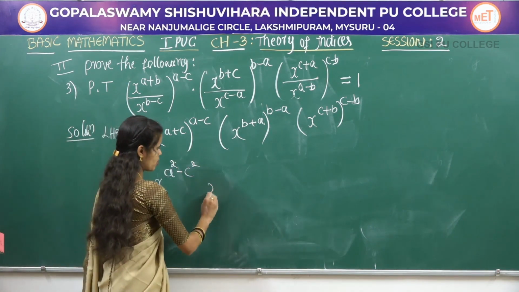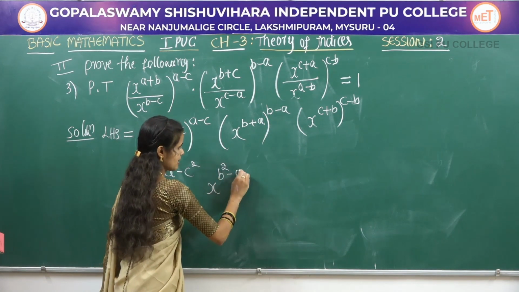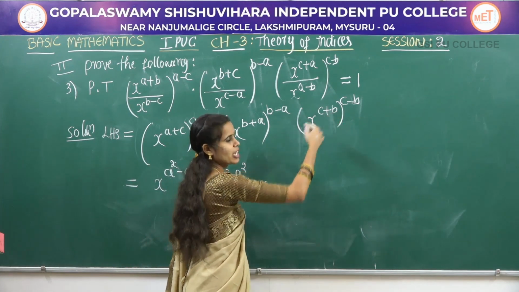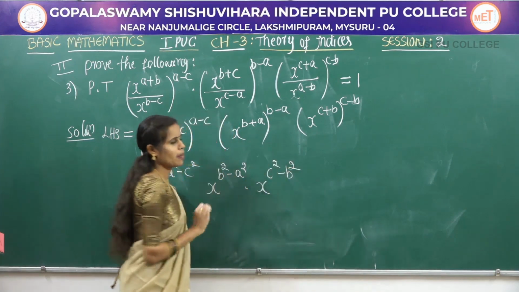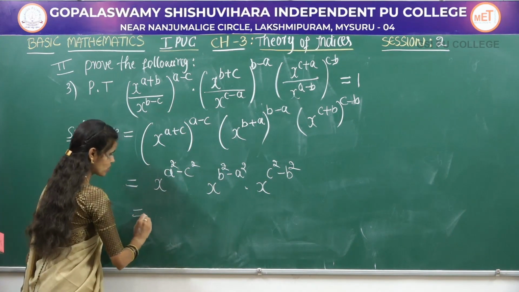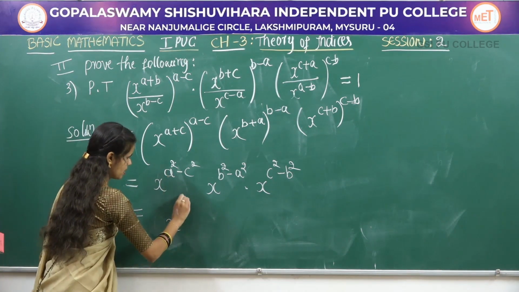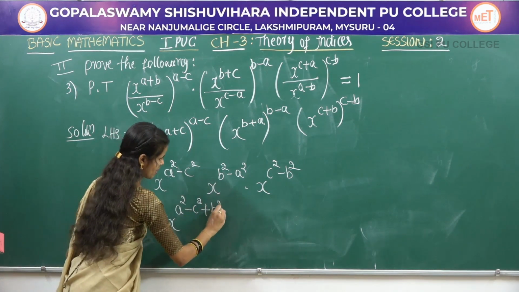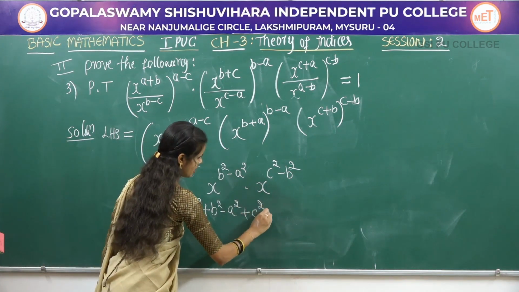Okay, next. x to the power of b plus a into b minus a is b square minus a square, into x to the power of c plus b into c minus b is c square minus b square. Now the base is the same, add the powers. So using the first law of exponents, that is x to the power of a square minus c square plus b square minus a square plus c square minus b square.